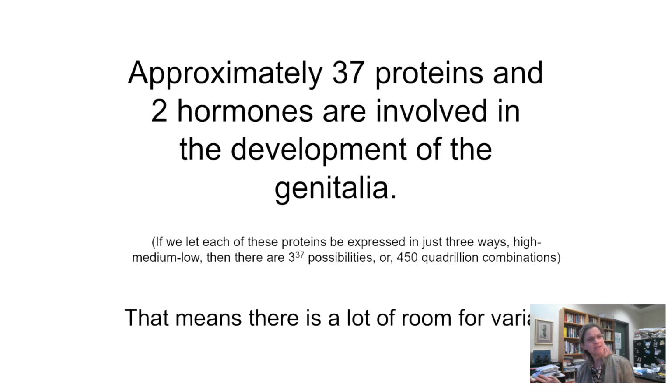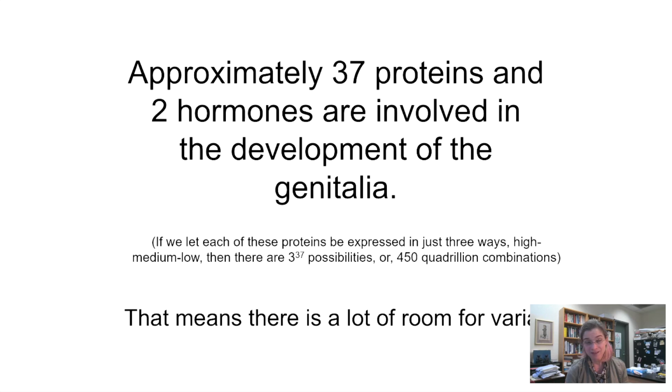If we let each of these proteins be expressed in just 3 ways, so high, medium, and low, which we know is simplistic since there are many more options than that, then there are 3 to the 37th possibilities of combinations, or 450 quadrillion combinations.